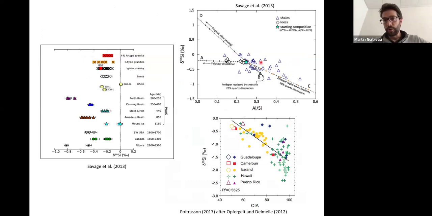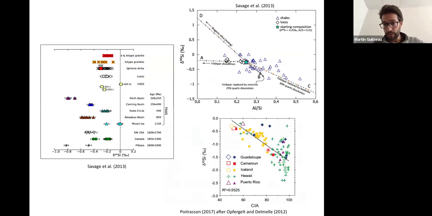This is what was shown also by Savage. It's the same graph more or less, but where you look at silicon isotope composition versus the aluminum silicon ratio. And if you form kaolinite, you get towards high aluminum silicon ratio, but low silicon isotope composition. And if you add some biogenic derived silica, you will get to high values.